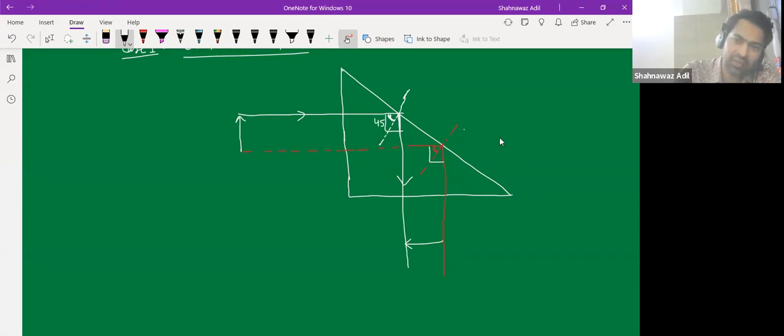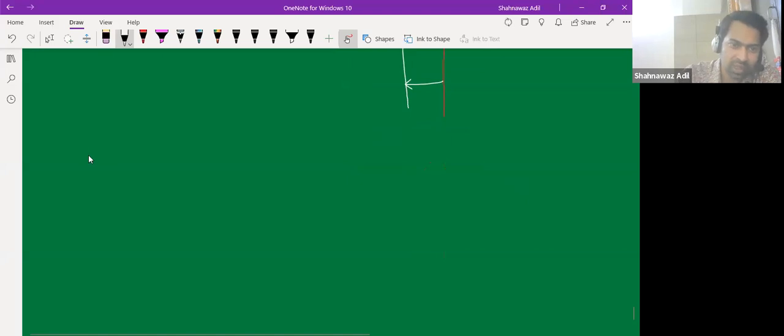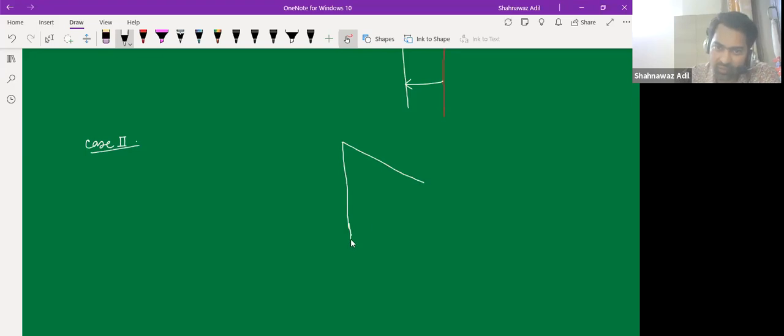But let's say they are falling differently. So in the second case, this is the isosceles triangle, and this is your 90-degree angle. The rays are falling like this, right? So again, this would be the normal. This is 45 degrees, so it will make a 45-degree angle in here, right? And again, this is the normal.